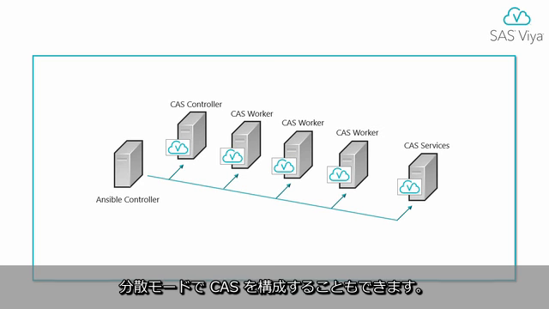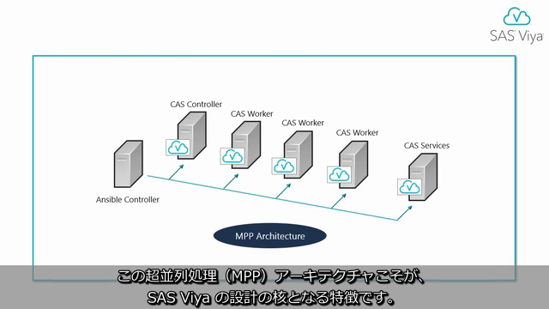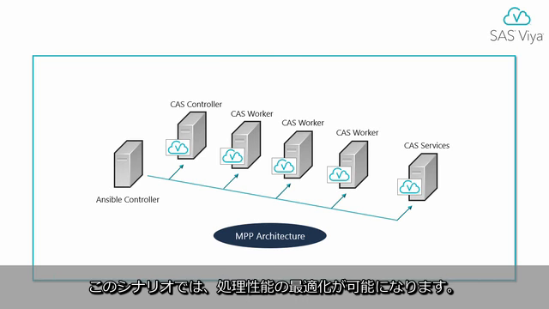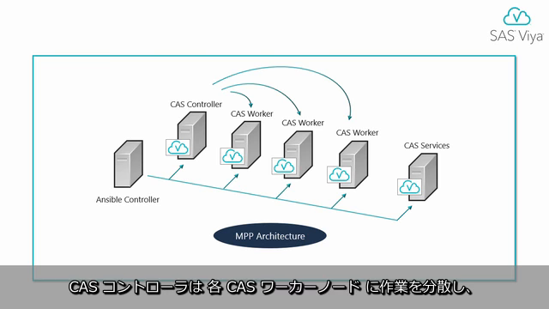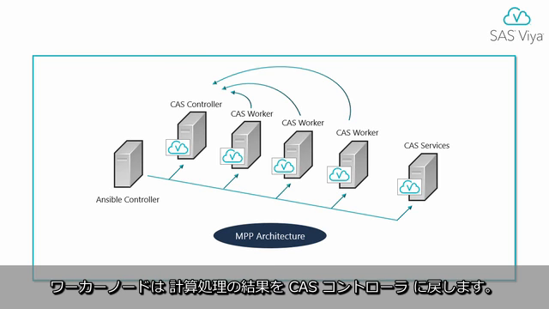CAS can also be configured in distributed mode. This massively parallel processing, or MPP architecture, is a core design feature of SAS Viya. This scenario provides optimal processing capabilities. The CAS controller distributes work to each of the CAS worker nodes, and the worker nodes send the results of the computations back to the CAS controller.